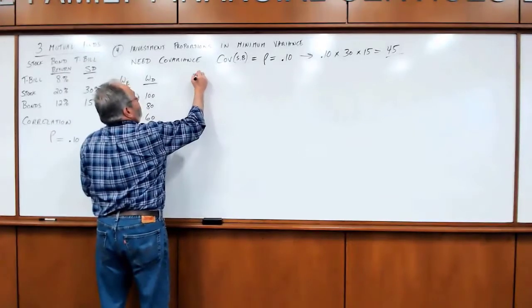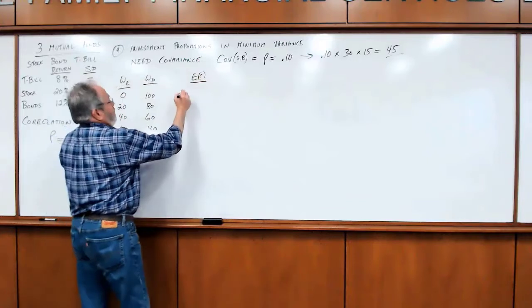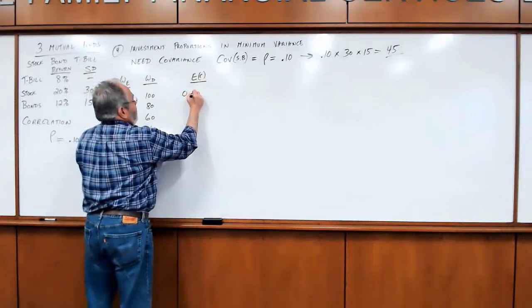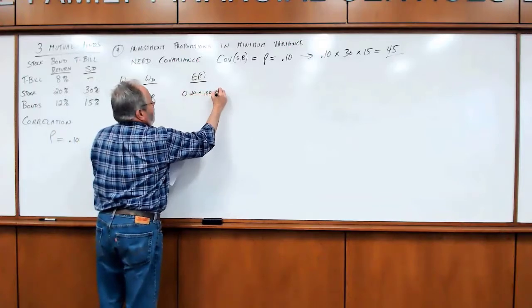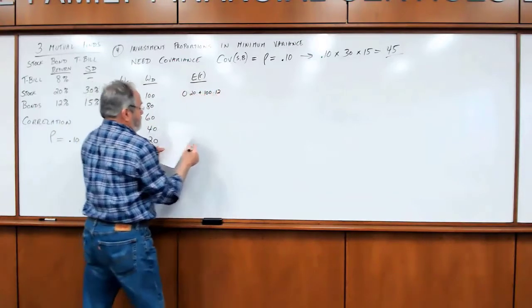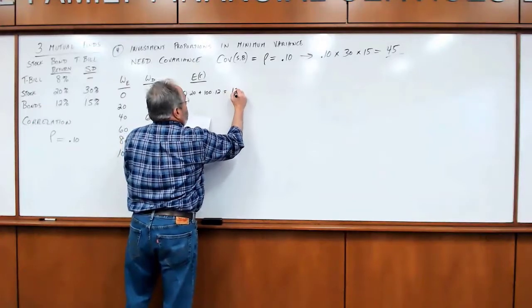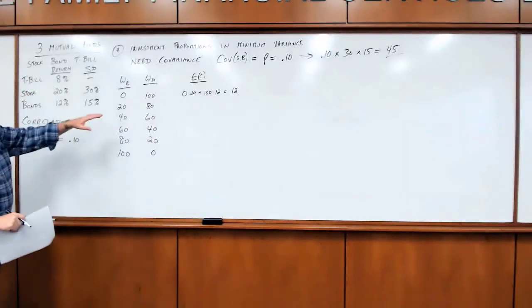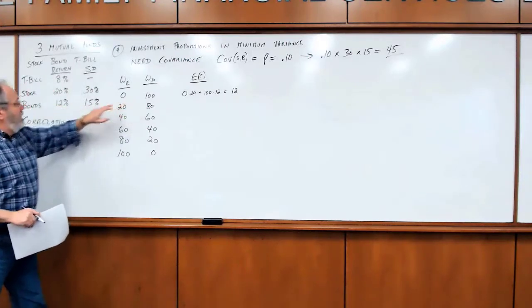So the expected return, this would be 0 times 20 plus 100 times 12. 12% return. 100% of your money is in the bond fund, right?